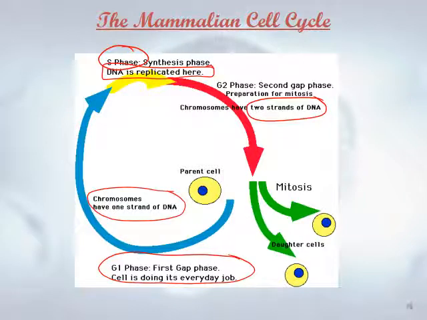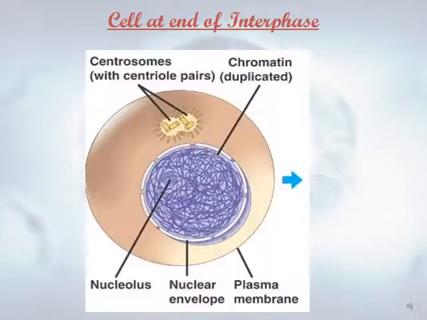So this means we have duplication of DNA in the S phase. And then we move to mitosis: prophase, metaphase, anaphase, and telophase, which includes the cytokinesis, where we have two daughter cells, and these daughter cells are identical to the parent cell or to the mother cell.